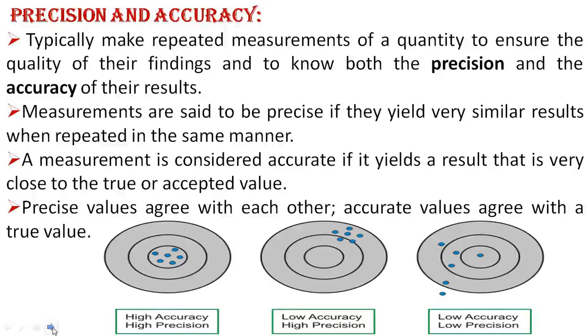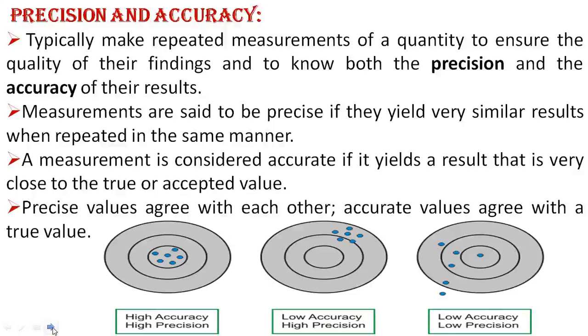But when the observations are close to the expected or standard value, then we say the data is very accurate. Precise values agree with each other, and accurate values agree with true values.